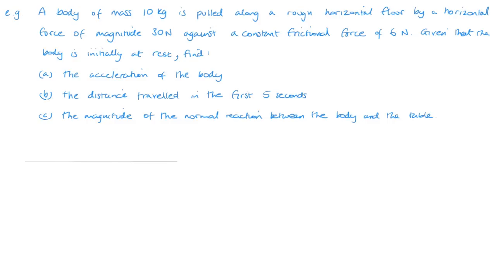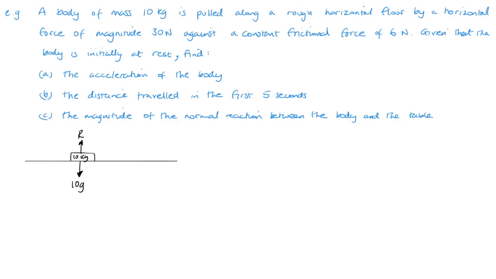So I'll put my horizontal force, and then we've got a body of mass 10 kilograms, which means that it has a downward weight of 10g. And then upwards we have the normal reaction.